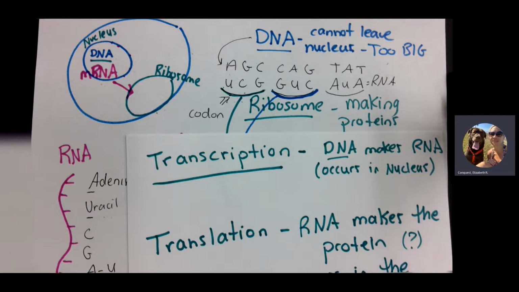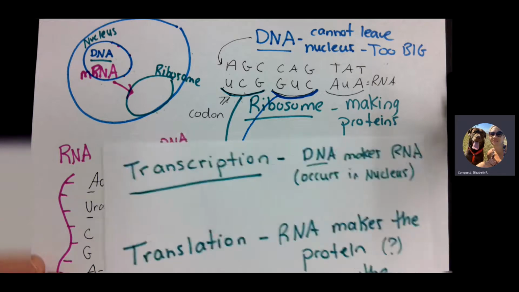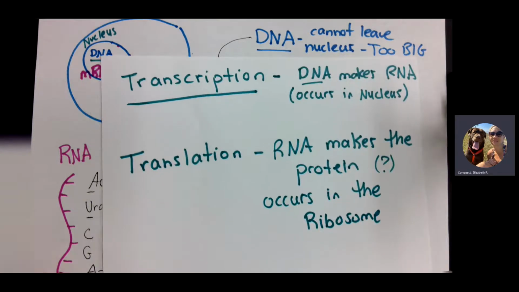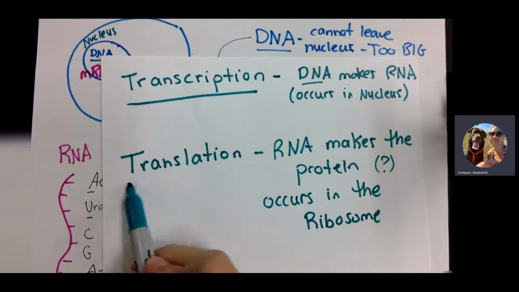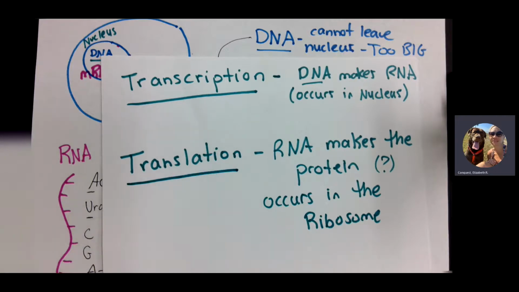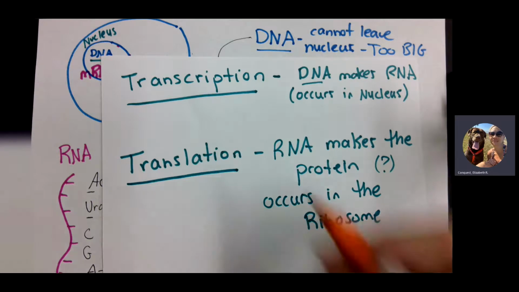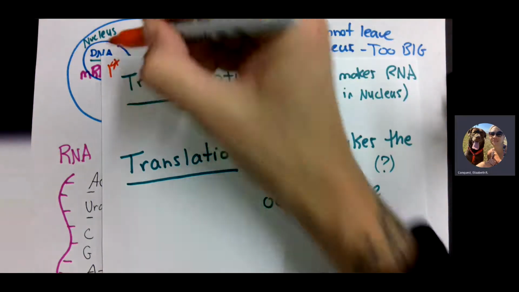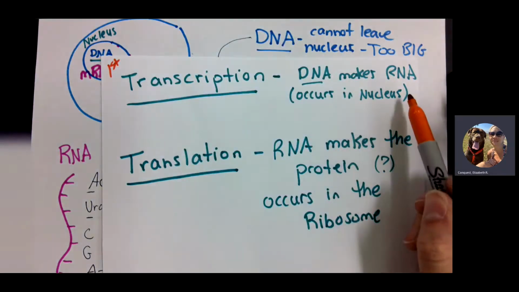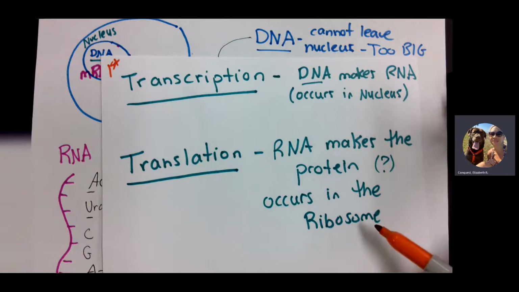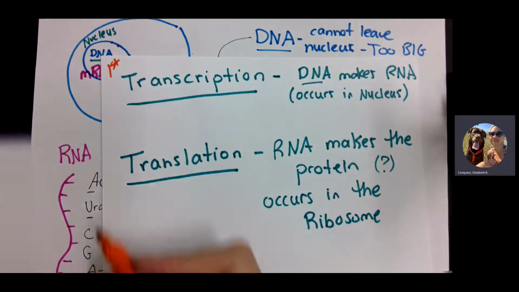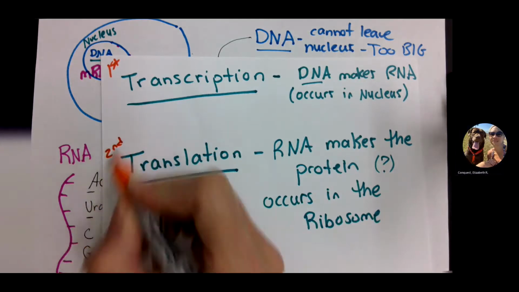It occurs in the ribosome. All right, proteins are made in the ribosome. So we have two words, transcription, translation. Transcription happens first, okay? Because DNA has to turn into RNA before RNA can make the proteins in the ribosome. So transcription is first, translation second.